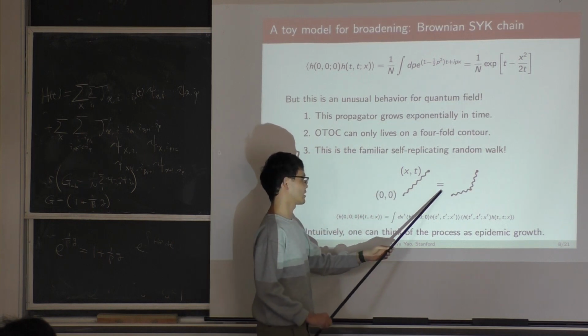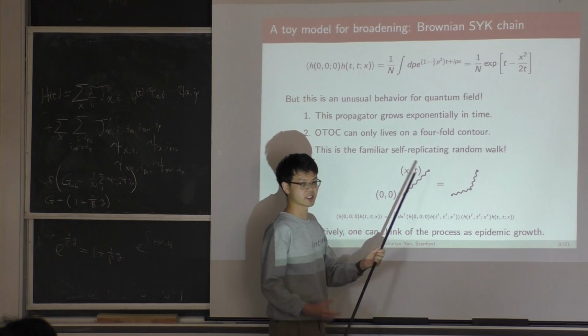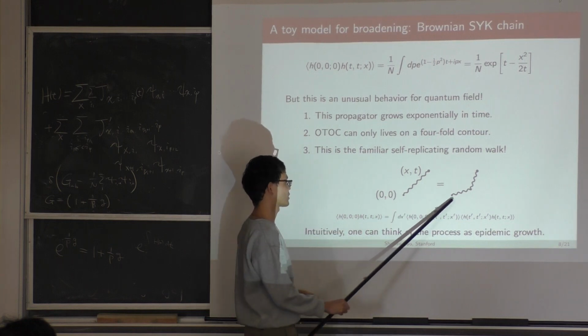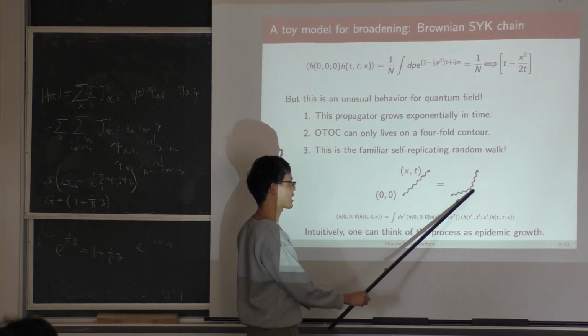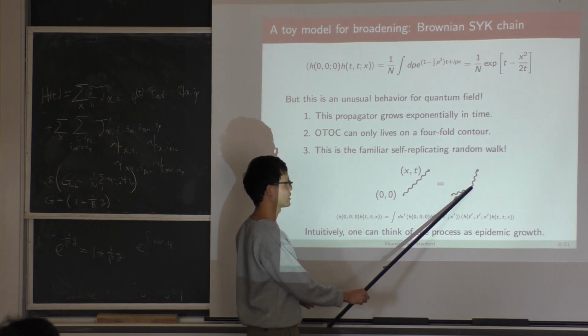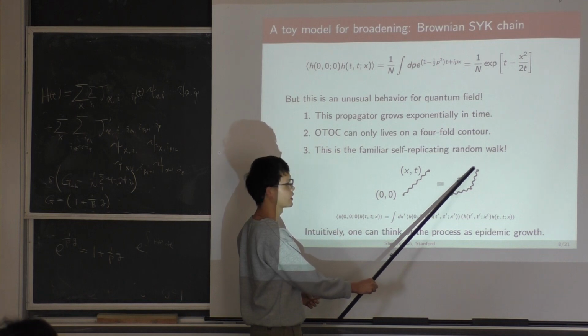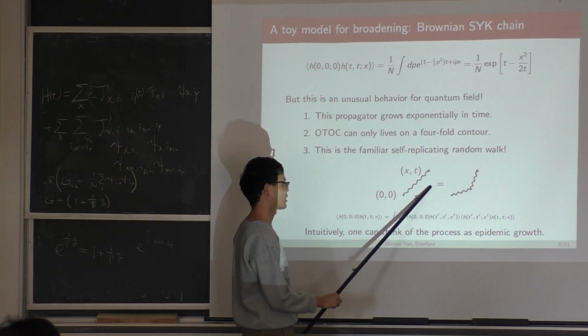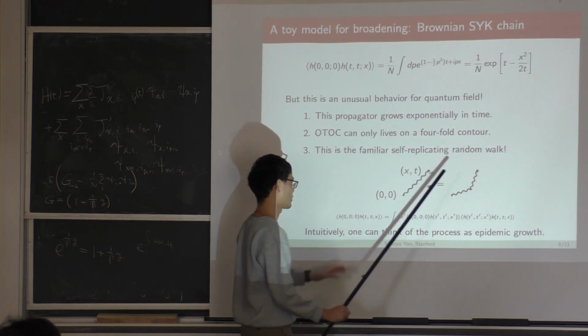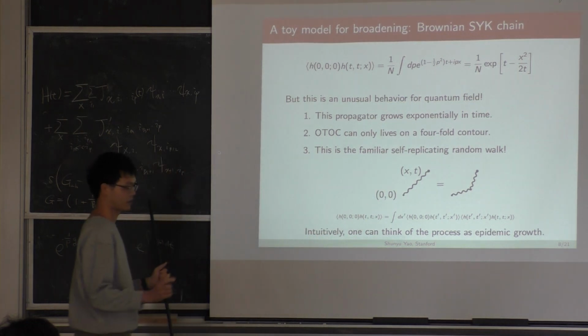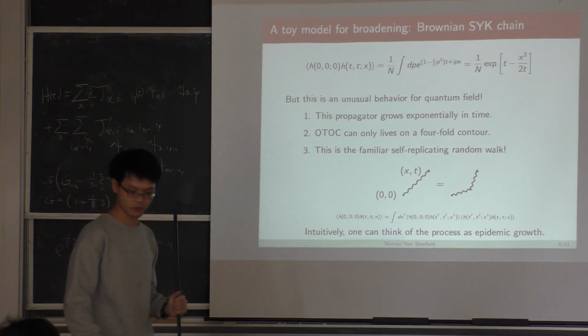You can ask, at some intermediate time, say t prime, what's the probability this particle affects a particle at x prime, and then from x prime it affects this final destination. By integrating over the whole slice here, you will reproduce the same form. In random walk, that's just a normal Markovian property.